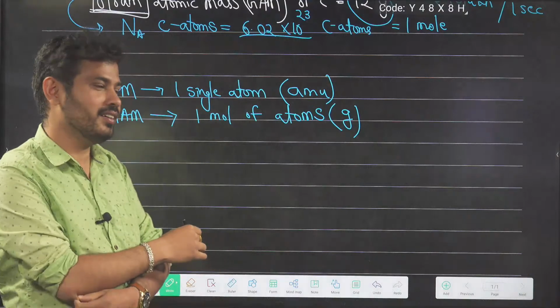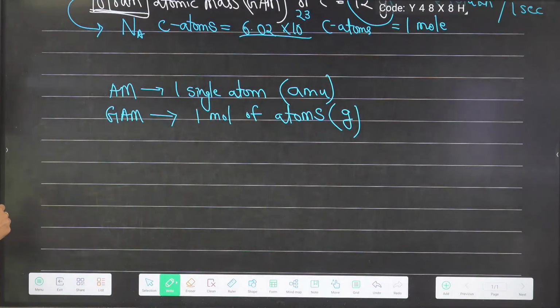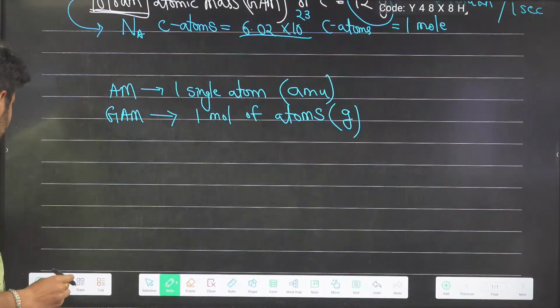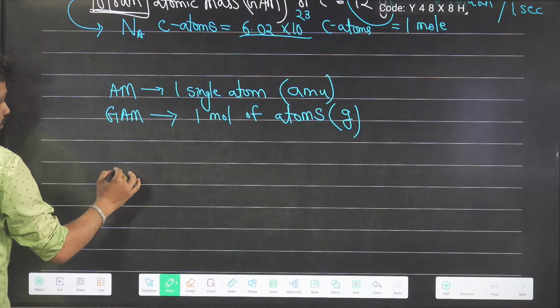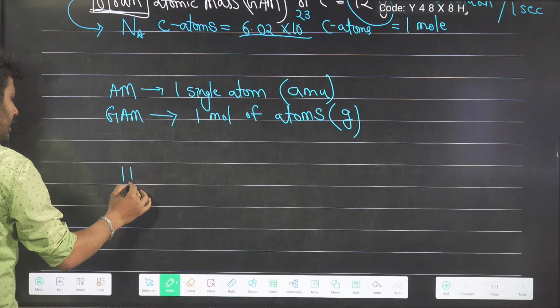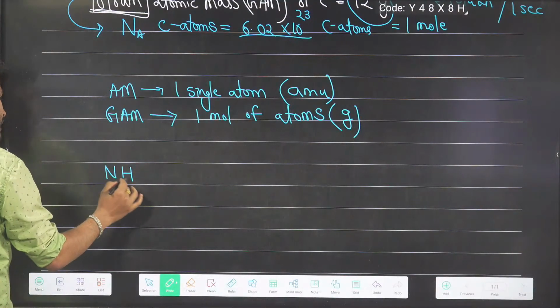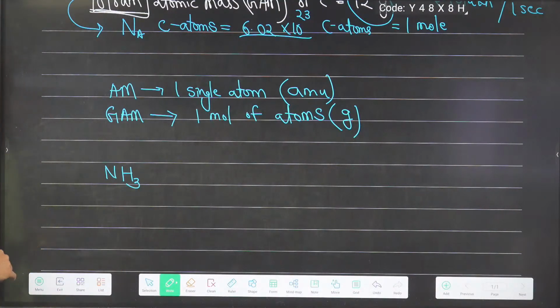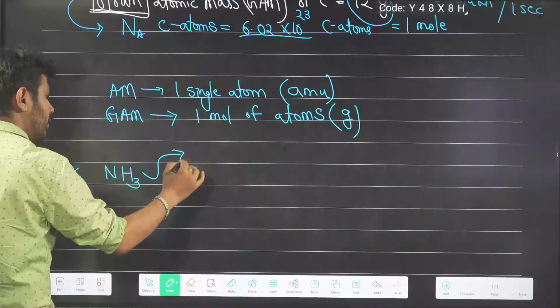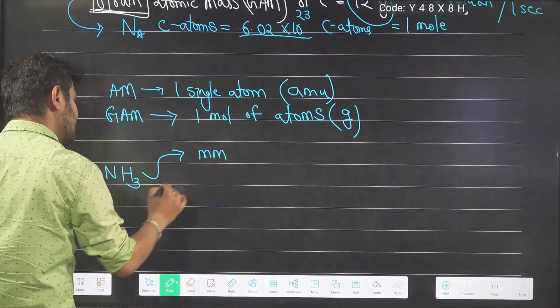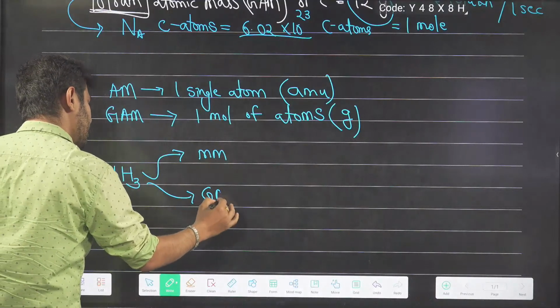Now, I have a question for you people. I have NH3, which is ammonia. For this NH3, you tell me what is the molecular mass and what is the gram molecular mass.